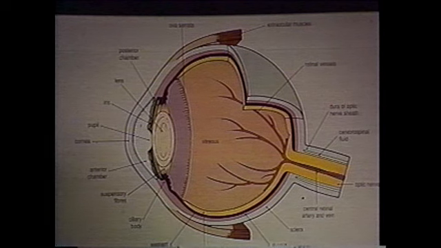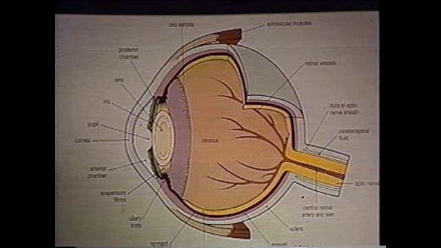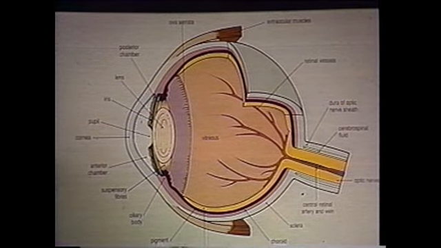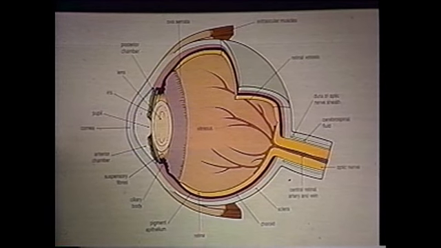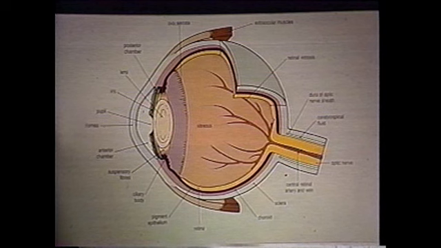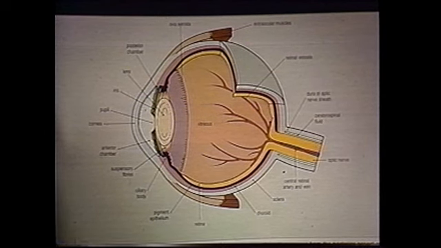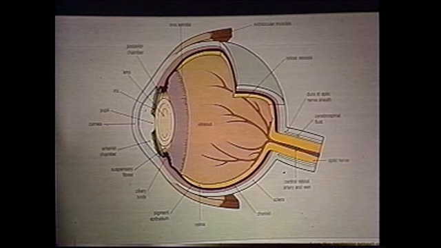Okay, this is the well-known diagram of the eye, where the rigid structures are represented here on the outside by the sclera and advancing forward to the surface as the cornea.